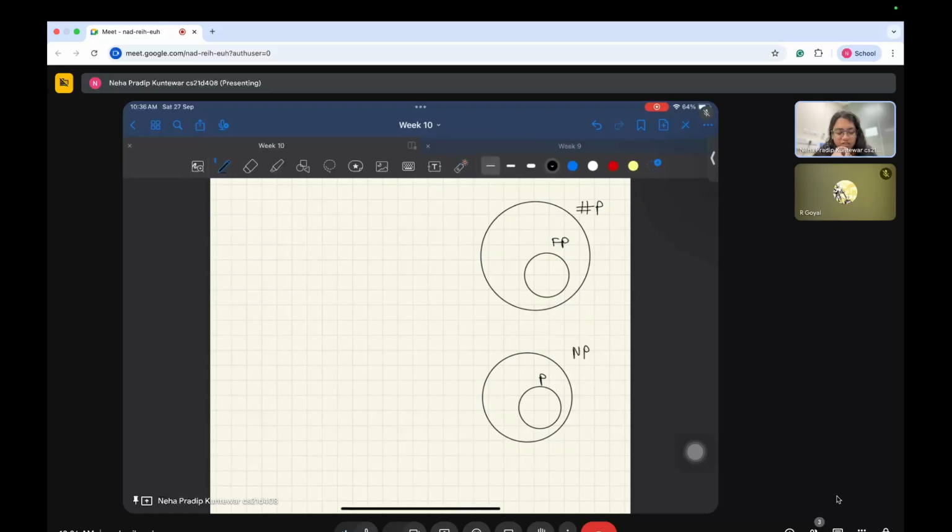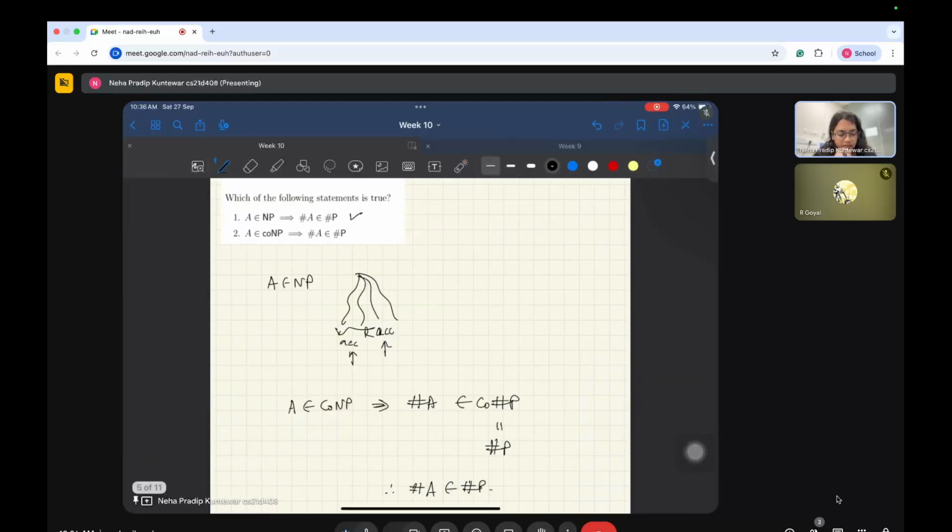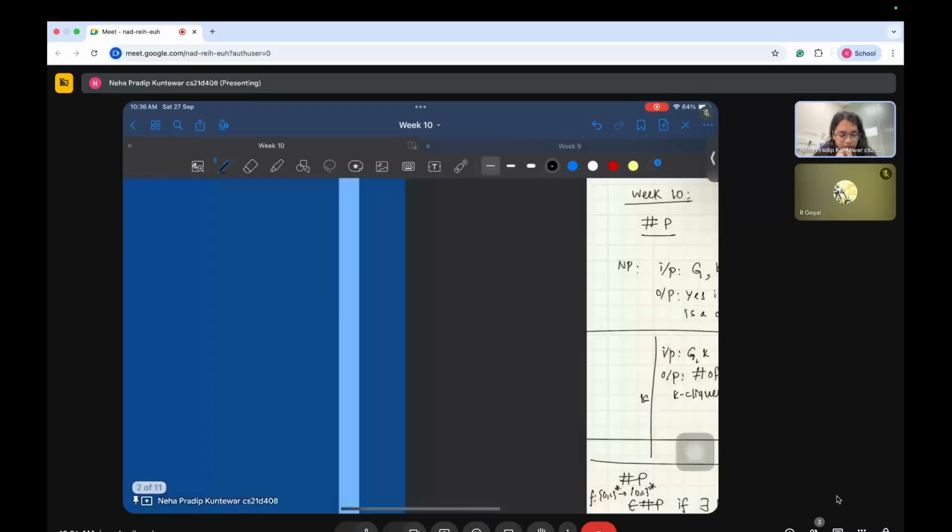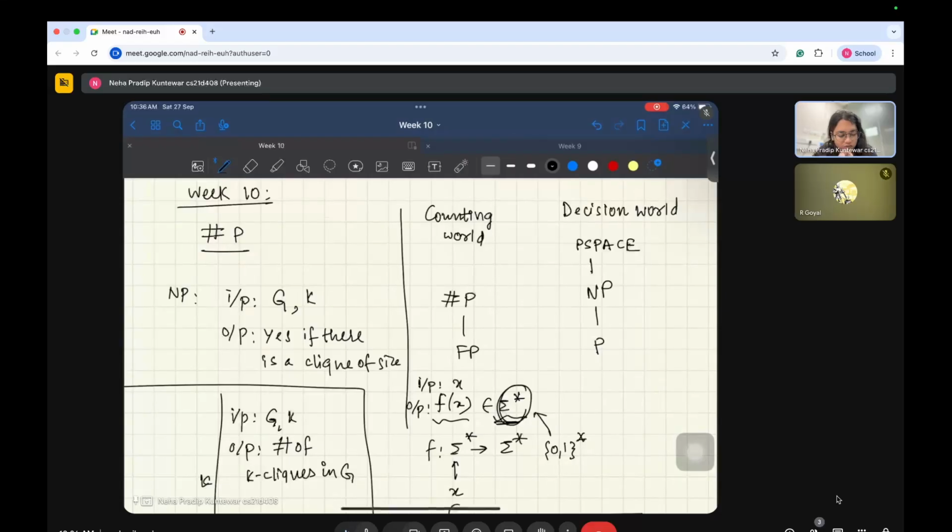Similarly, there are other analogs here. For PSPACE here, you would have FPSPACE and so on. Similarly, you had sigma 2 here.